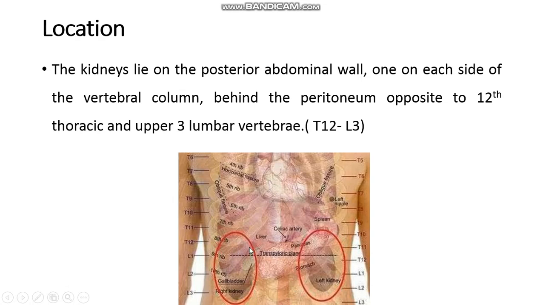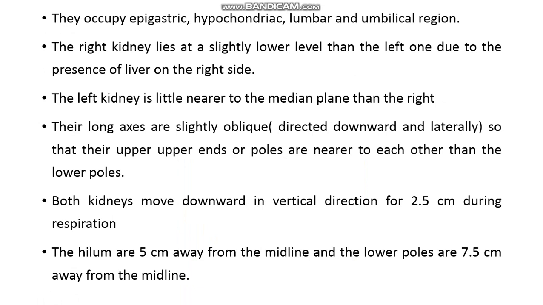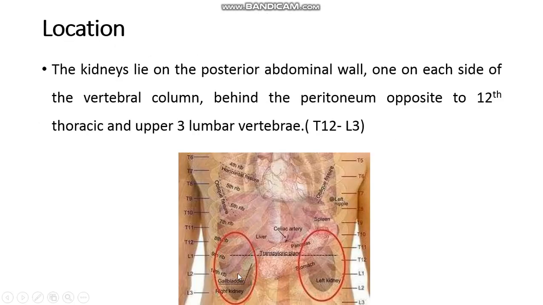The lower poles lie farther away than the upper poles, meaning the upper poles lie nearer than the lower poles. This is only because the long axis of both kidneys lies obliquely, directed downward and laterally.